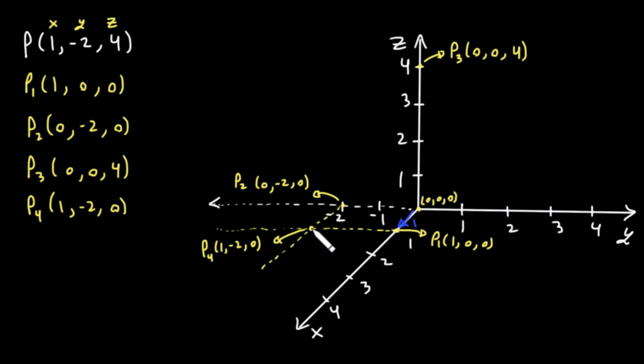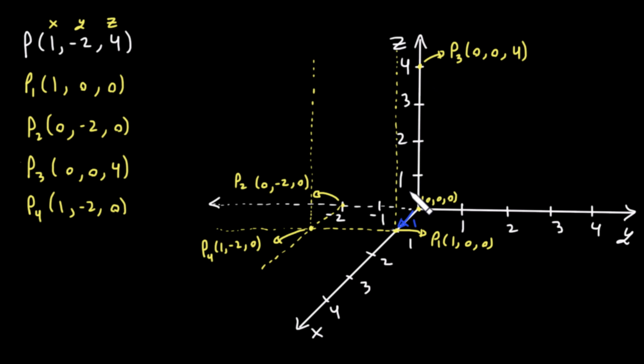Now from this point, we have to go up 4 units to reach this point 1, -2, 4. Again, the same as before, we draw a dashed line like this, parallel to z-axis, of course. And from this point, we draw a dashed line again parallel to z-axis, like this.